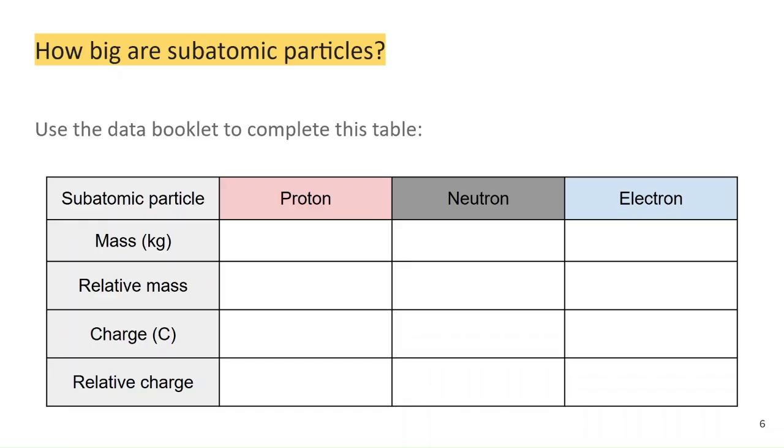So the mass, relative mass, charge, and relative charge of the 3 subatomic particles, right? Proton, neutron, and electron. These are the parts of the atom. So hopefully that has been printed off for you. If not, it will also be posted on ManageBack, so you could look at it there if you need to.